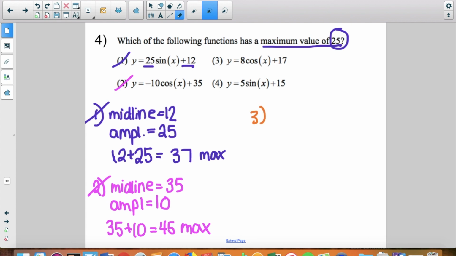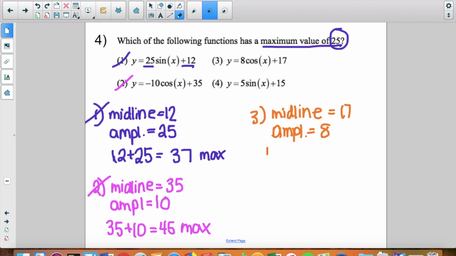So let's try answer choice 3. So our midline equals 17. Our amplitude equals 8. That was very sloppy.